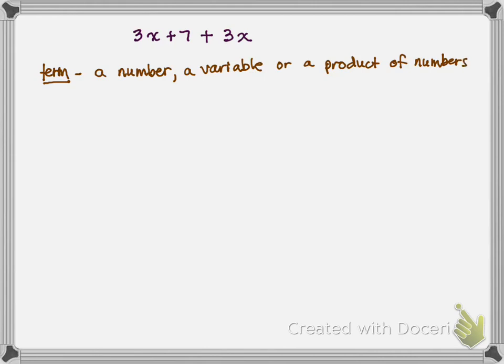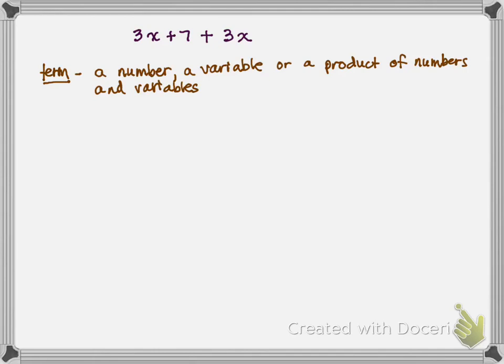It can be a number with a variable, right? In our example, there are 3 terms. They're the ones that are separated by the operation signs, okay? So it's a number, a variable, or a product of numbers and variables.